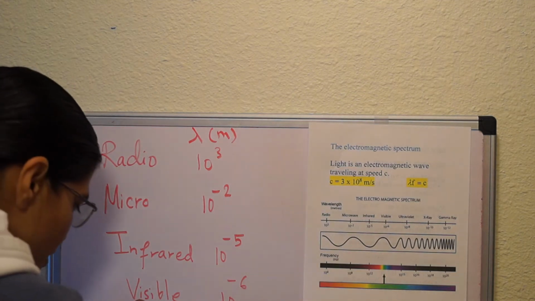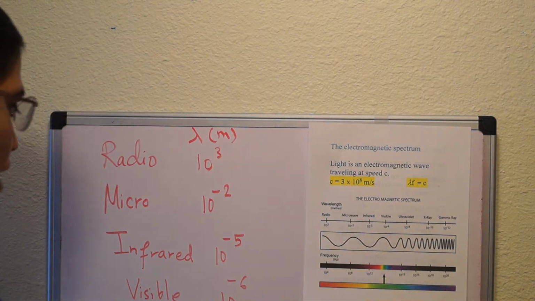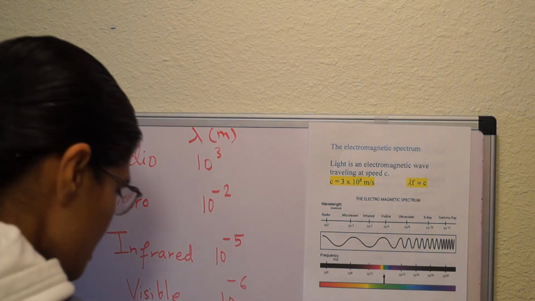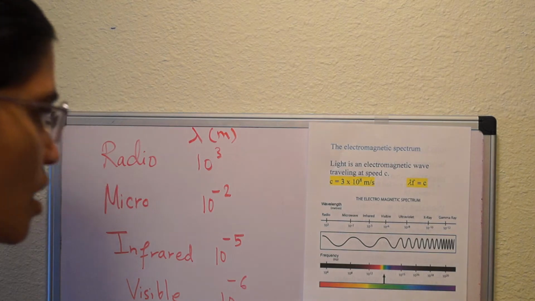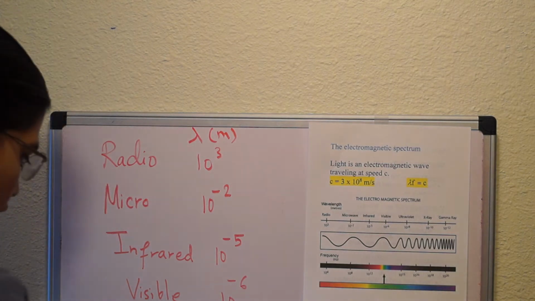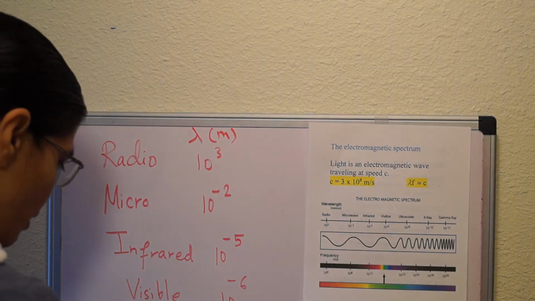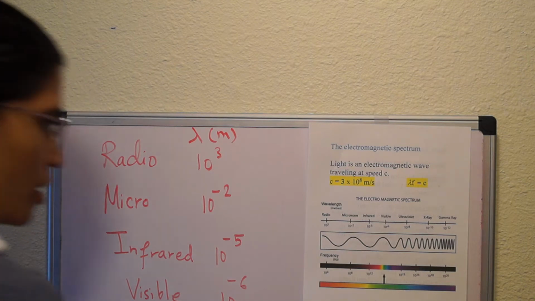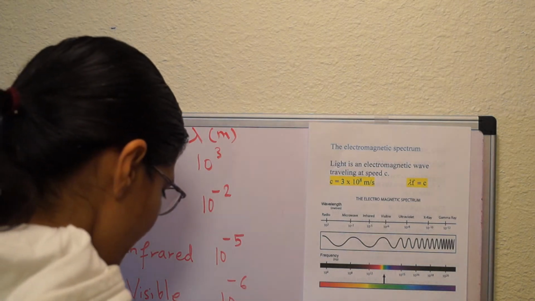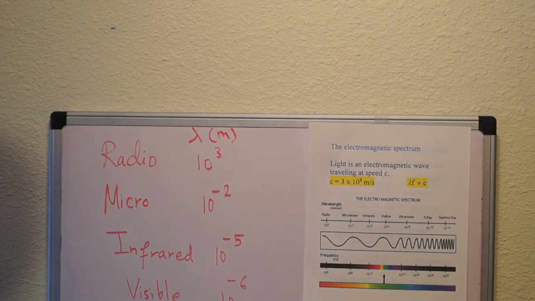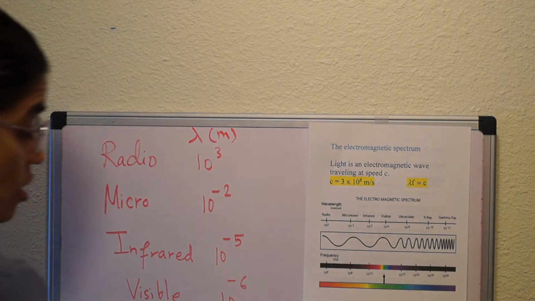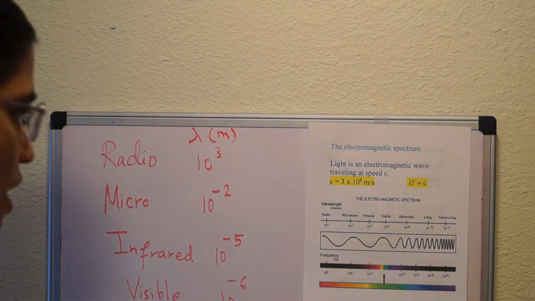Then ultraviolet, UV light, with wavelength about 10 to the minus 8 meters. After ultraviolet rays, we have X-ray, 10 to the power minus 10 meters, which is about the radius of an atom.